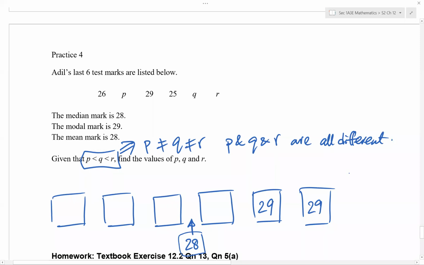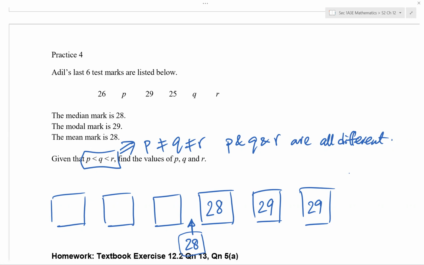Now, if this is the case, then we have no choice but to put 28 over here. Because the median value is already 28, the value to the right of the median cannot be less than 28. At the same time, it cannot be 29. So it has to be 28.